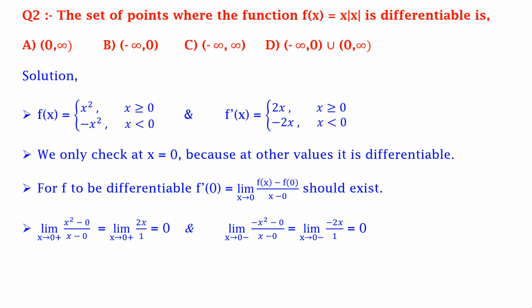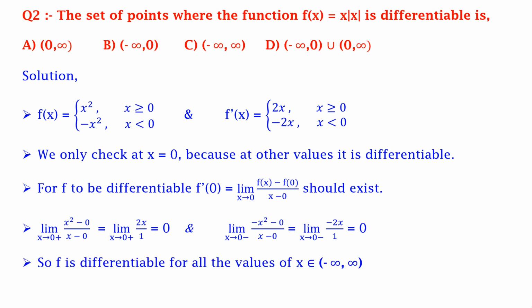Both the left and right hand limits are equal. Therefore, the limit exists. So f is differentiable for all values of x belonging to minus infinity to infinity. Therefore, the answer is option C.